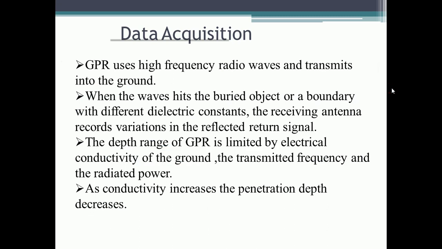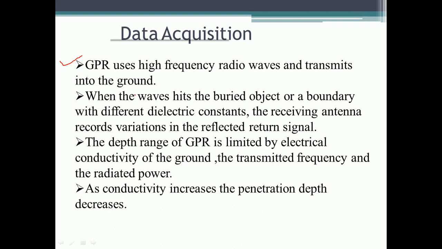Now, how it actually works, that is data acquisition, how the data is stored. The process of working of this GPR, we can discuss under data acquisition. GPR uses high frequency radio waves, as I told you, transmitted into the ground through the transmitter antenna.